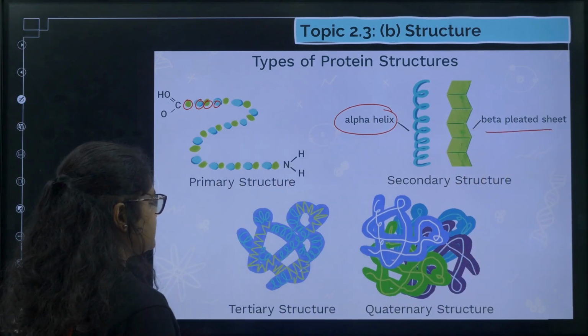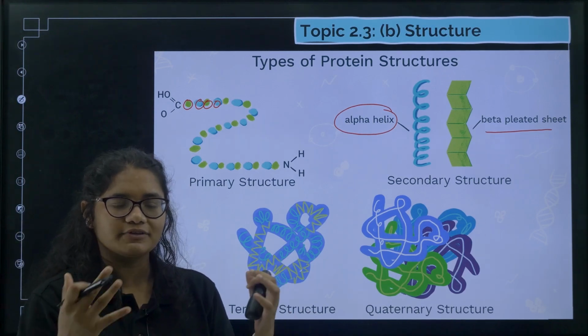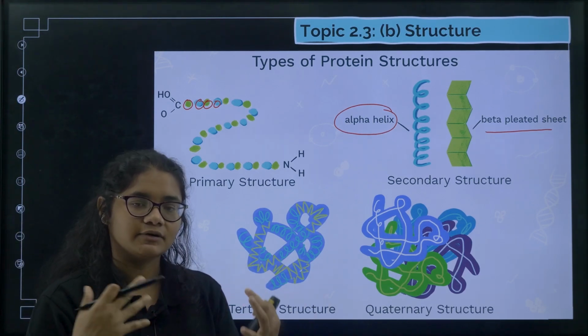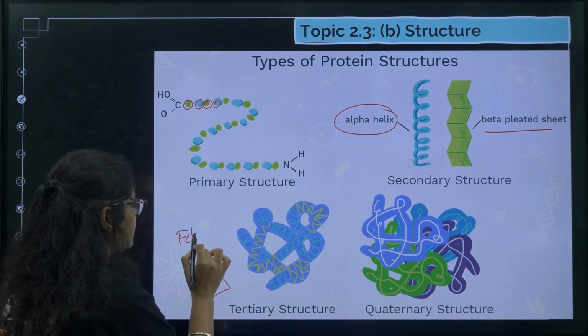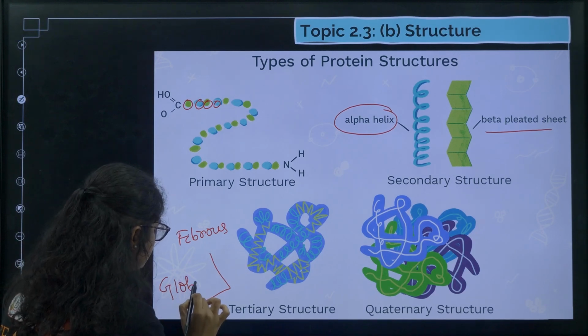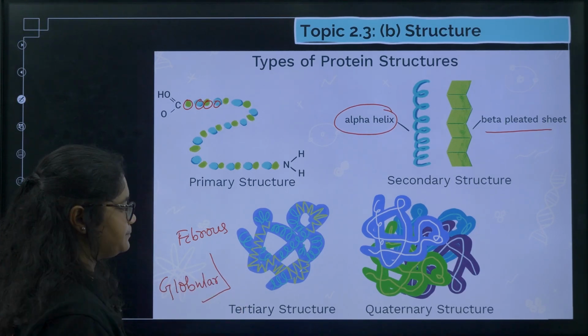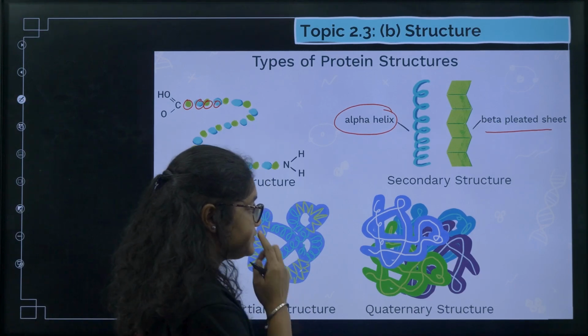Now what happens in case of tertiary structure? There is further coiling of these polypeptide chains, and we get tertiary structure, and here we have two types, that is fibrous and globular. Next, coming to quaternary structure. In quaternary structure what happens?